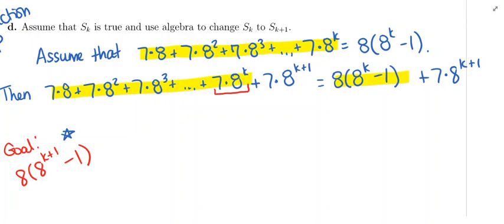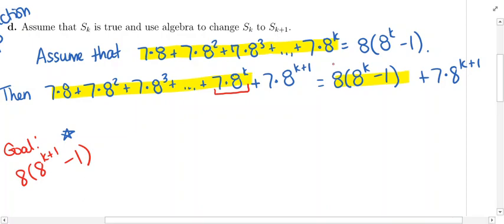Okay, there may not be one exact correct way to do this. My instinct here when I look at this is distribute. Okay, so I'm going to send the 8 here and here. So I'm going to get 8 times 8 to the k power minus 8 plus 7 times 8 to the k plus 1 power.